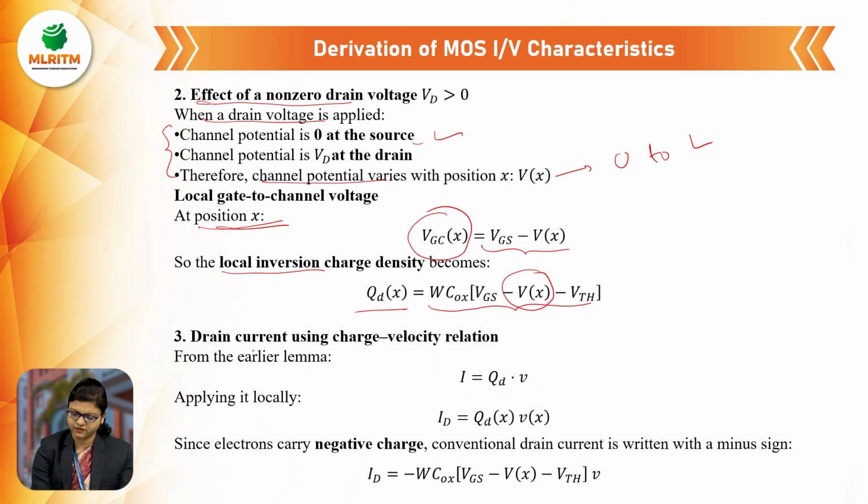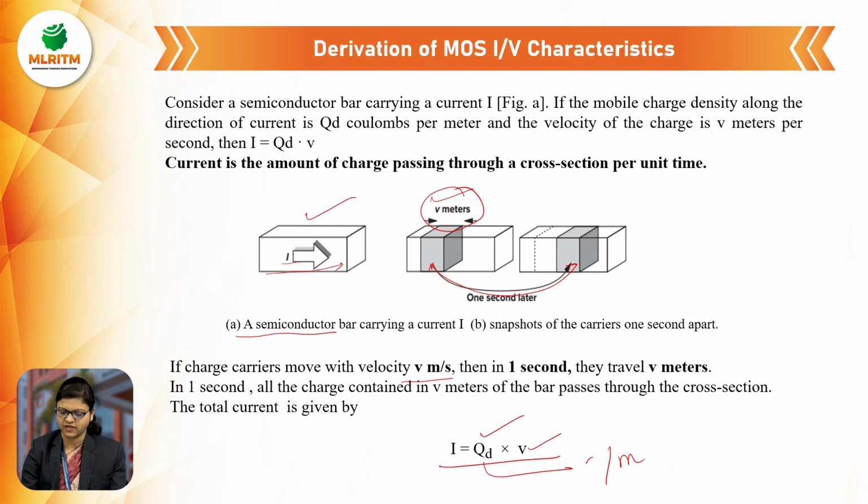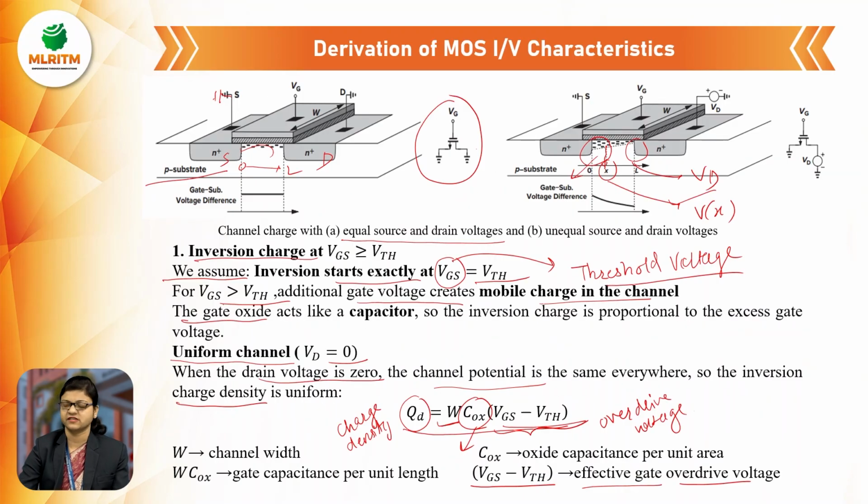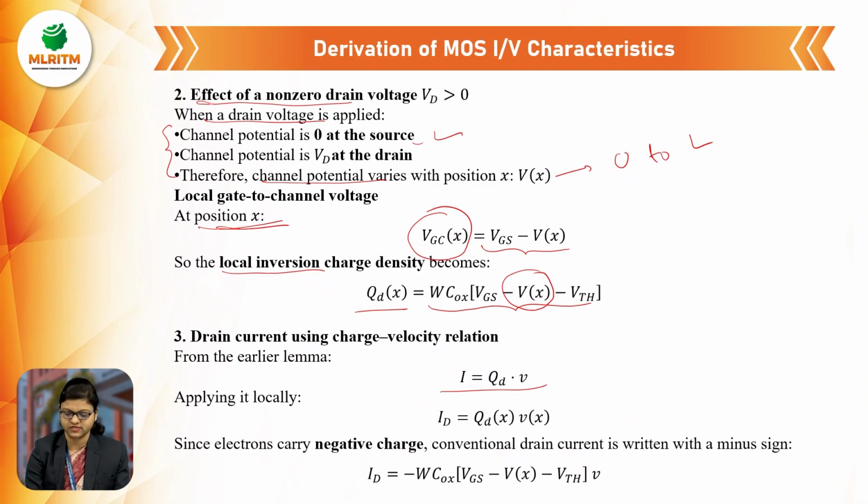Now, if you have already studied semiconductor physics, we know that current is the charge density times velocity. Here we consider Q_D at the particular point x and the velocity at that point.